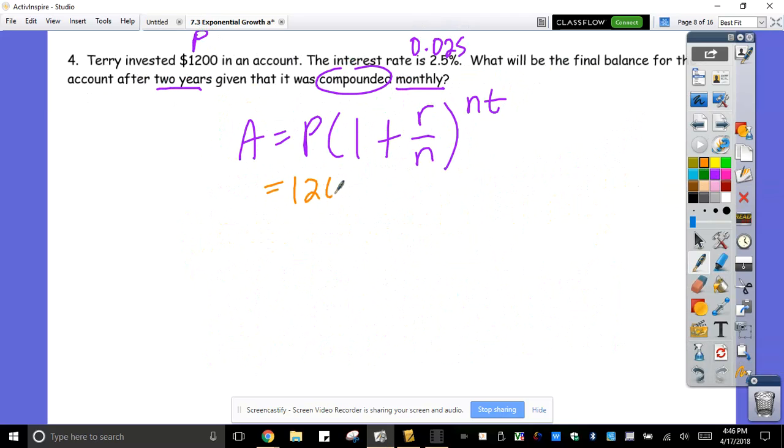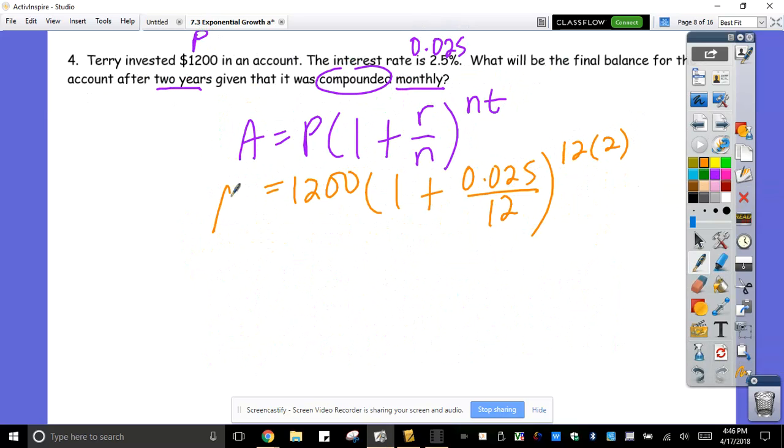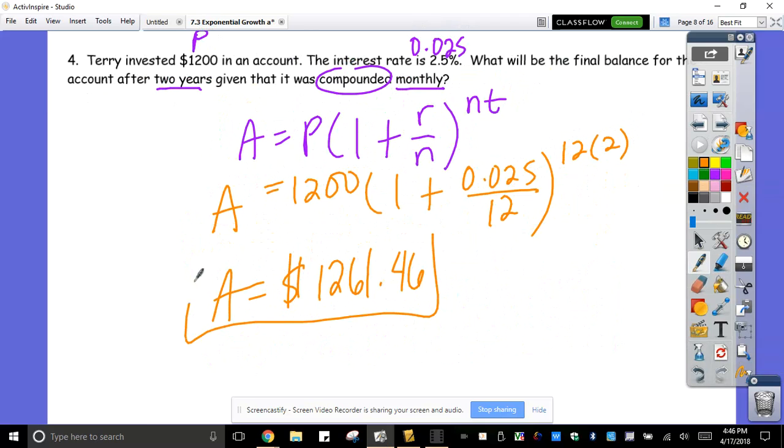So 1,200 times 1 plus the rate, 0.025, over 12, to the 12 times 2 years. That will be my working equation, and you can just put it in the calculator. 0.025 divided by 12 plus 1, raised to 24, times 1,200. My final amount is $1,261.46.